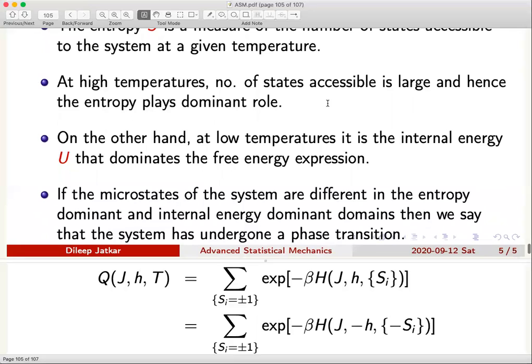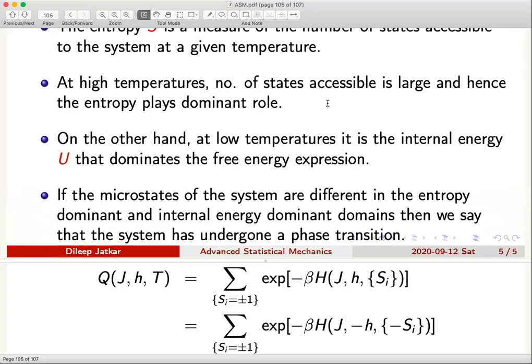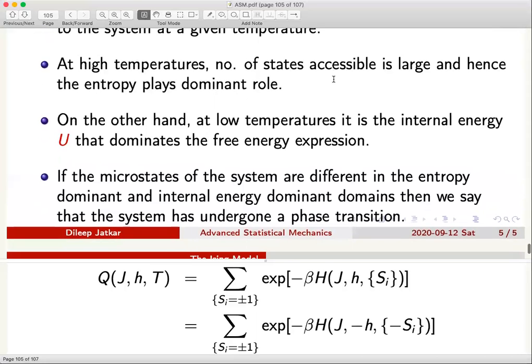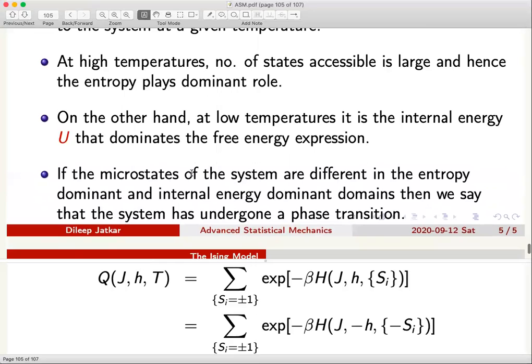Whereas in the internal energy dominant domain, we have microstates which describe the ferromagnetic structure of the system. So if one finds characteristically different behavior of the microstates, then we would say that the system has actually undergone a phase transition.